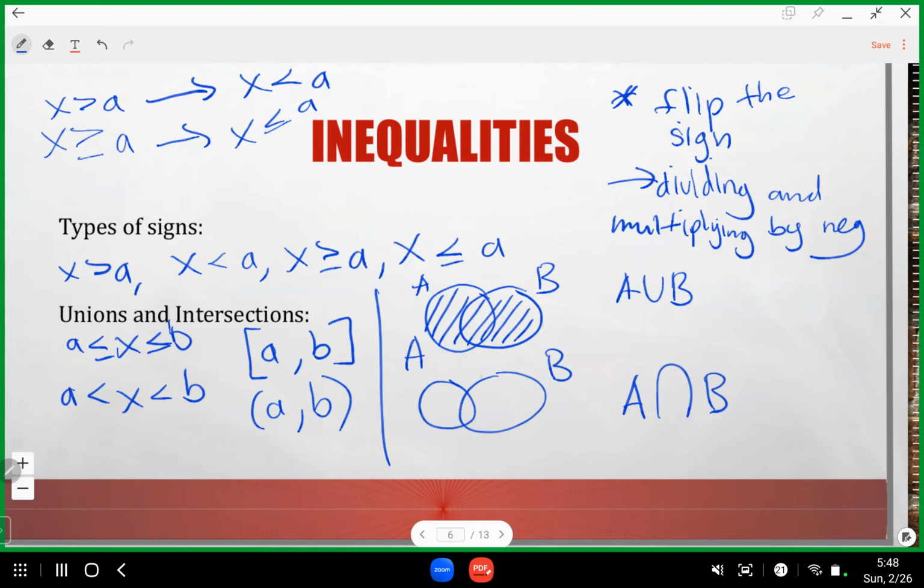What is similar between A and B? So it's actually going to be this middle part here. What is common? Which numbers are common between A and B? Maybe A has 2 and B also has 2. Then 2 is going to be within the set of A intersection B, right? So does everybody get the concept of union and intersection?